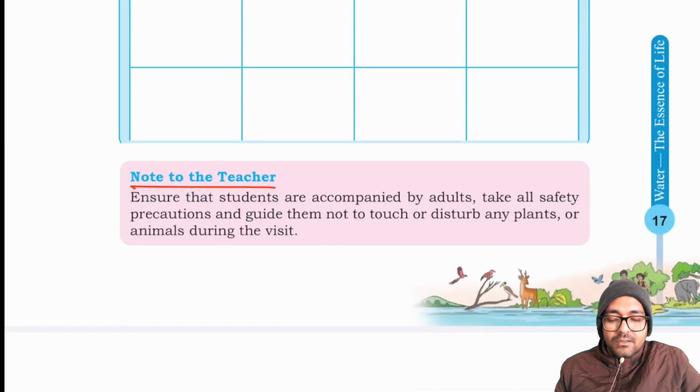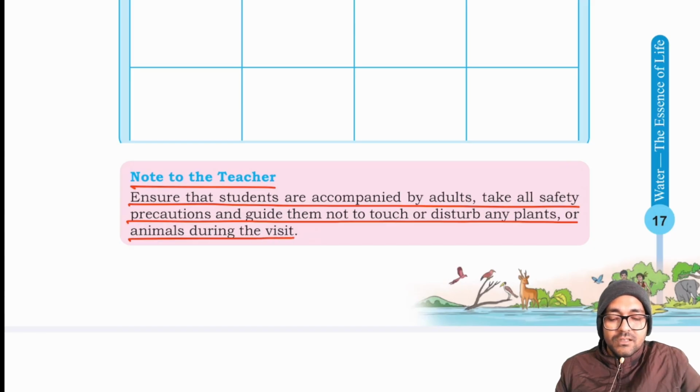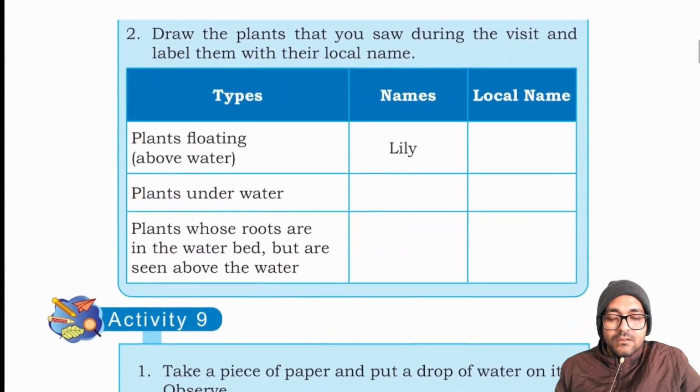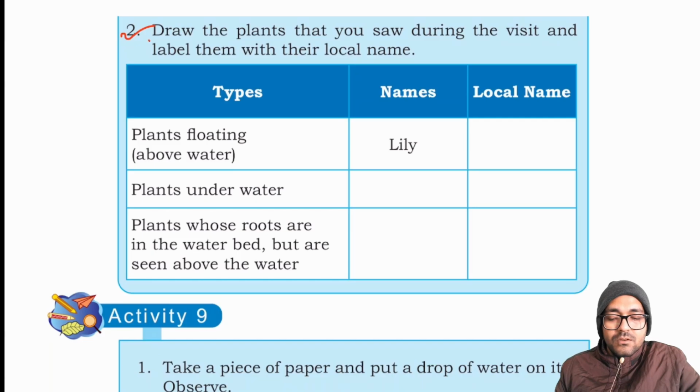Note to the teacher. Ensure that students are accompanied by adults, take all safety precautions and guide them not to touch or disturb any plants or animals during the visit. 2. Draw the plants that you saw during the visit and label them with their local name. Types, names, local name.